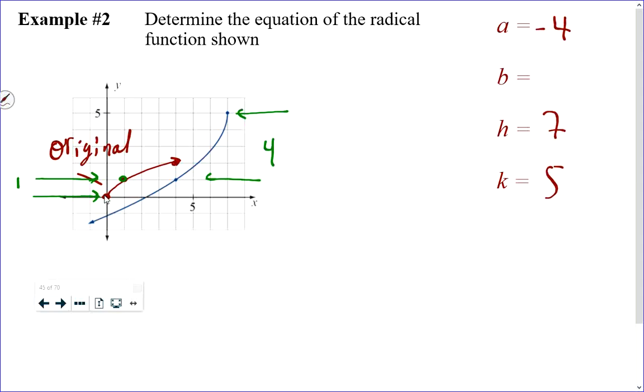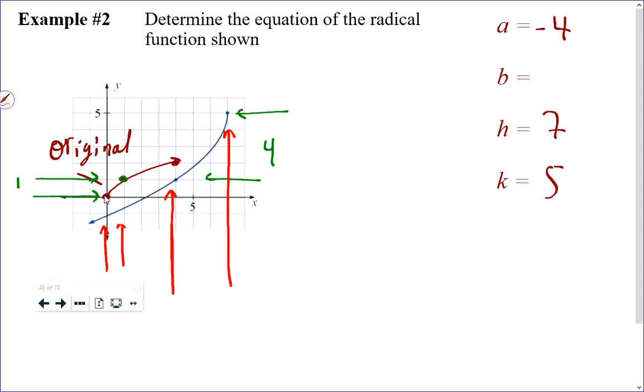When we look at b, what I'm going to do now is look at the horizontal distance between the two original key points, and the horizontal distance is 1. When I look at the horizontal distance between the two key points afterwards, the horizontal distance is 3. Yes?